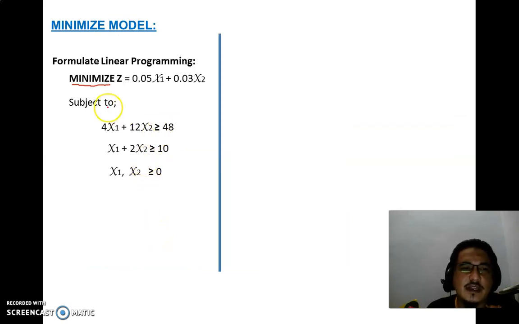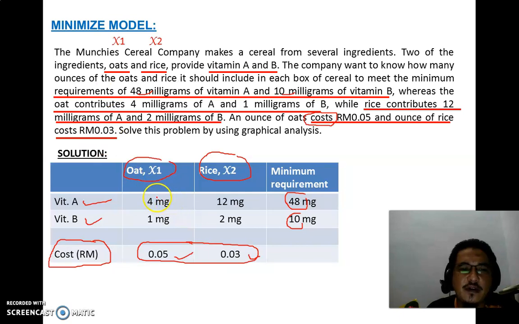Subject to means the constraints. The first constraint is 4S1 plus 12S2 must be more than or equal to. Why more than or equal? Because here is the minimum requirement.